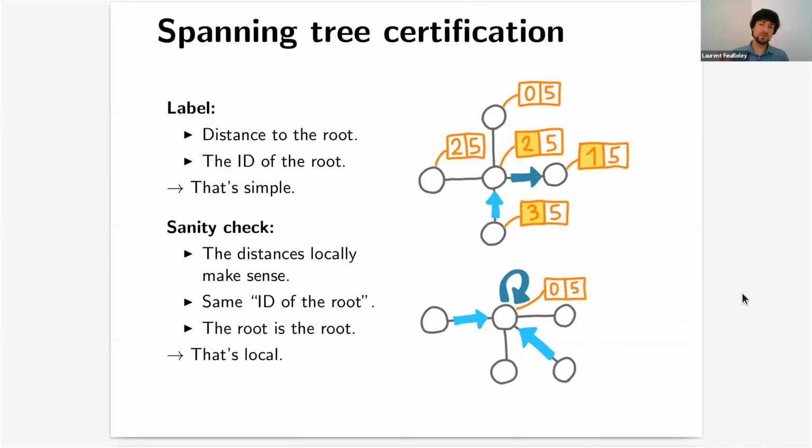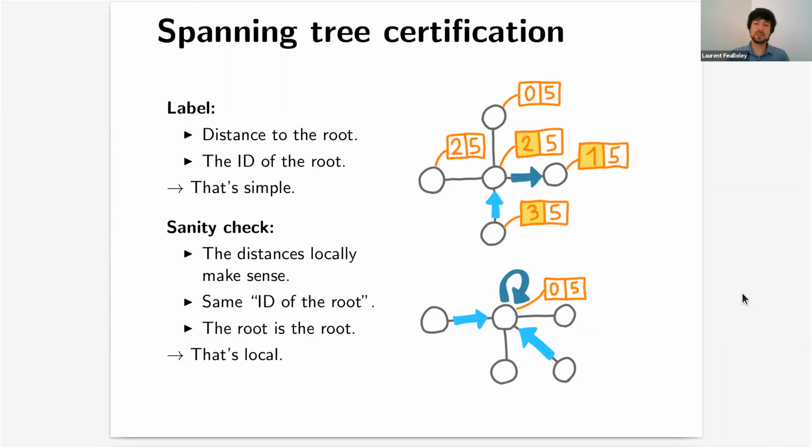The first part is to check that the distances make sense locally. So for example, here the node has been given distance 2, and it is pointing to the node on the right. So this node should have distance 1, because if my distance to the root when I use the pointers is 2, it means that if I do 1 hop, then I should reach a node that is at distance 1 from the root. That must be this way.